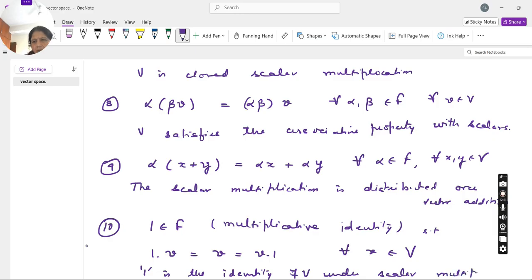There must exist an identity of V under scalar multiplication. Then we say it is a vector space, right?